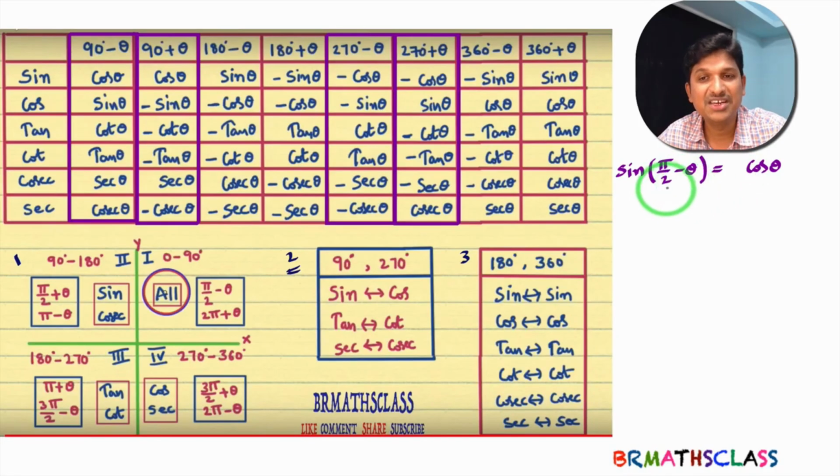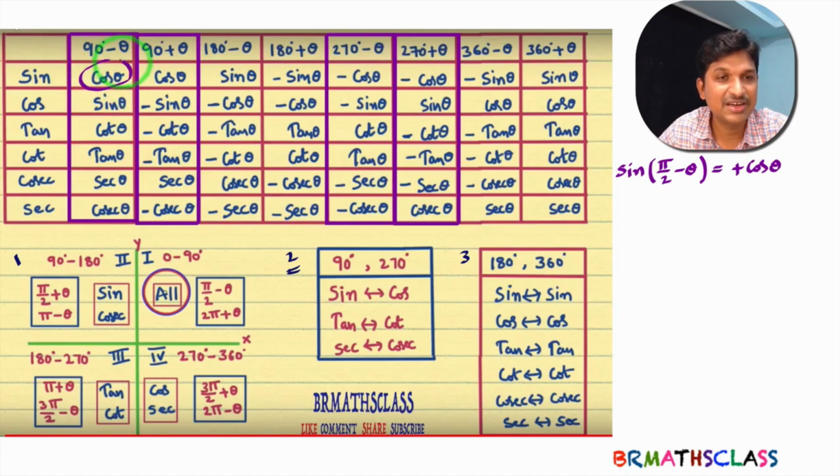Pi by 2 minus theta is in which quadrant? It is in the first quadrant. In the first quadrant, all are positive. So sin is also positive. So this is plus cos theta. So sin pi by 2 minus theta is cos theta.